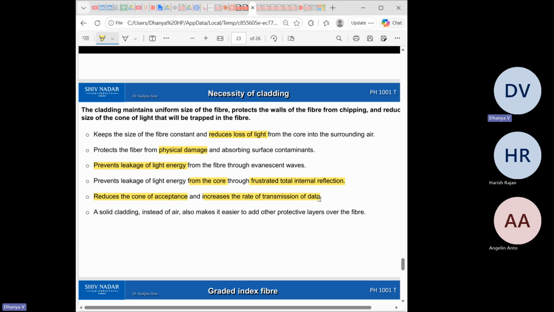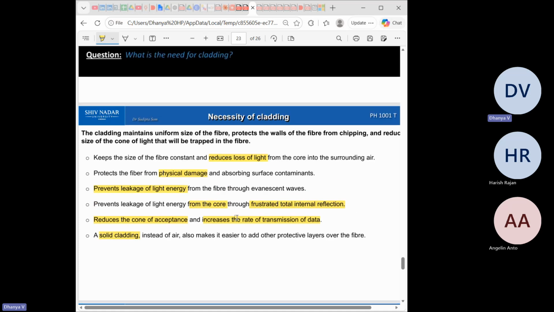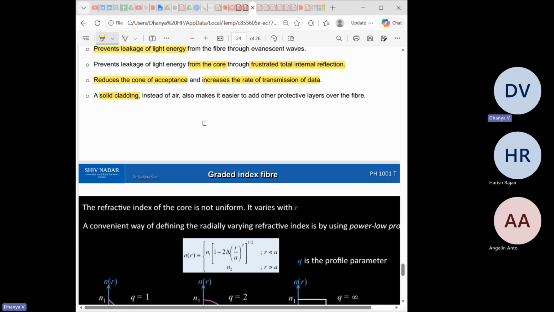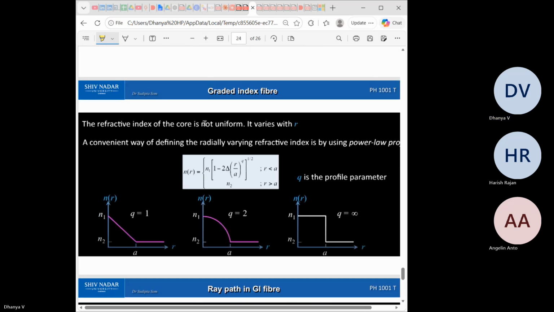So the acceptance cone is reduced and then the transmission is more. Okay. So a solid cladding instead of air makes it easier to add other protective layers over the fiber. So more protective layers can be added. As we saw after the cladding, the plastic layer was added and all of that was there. So it's better to know all of this in detail.